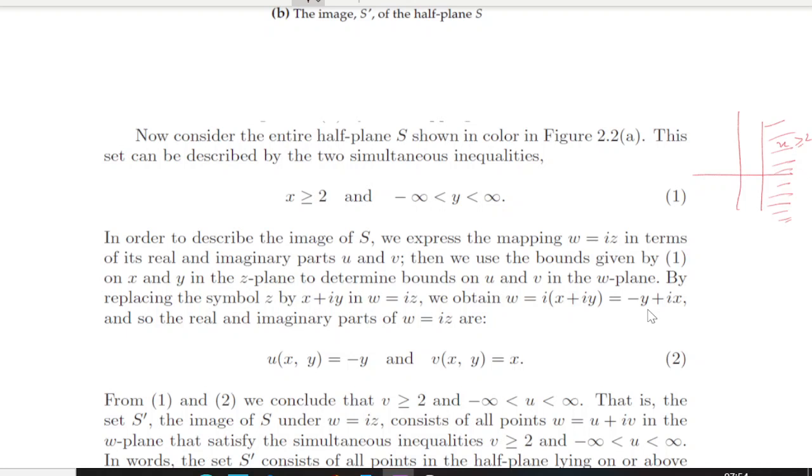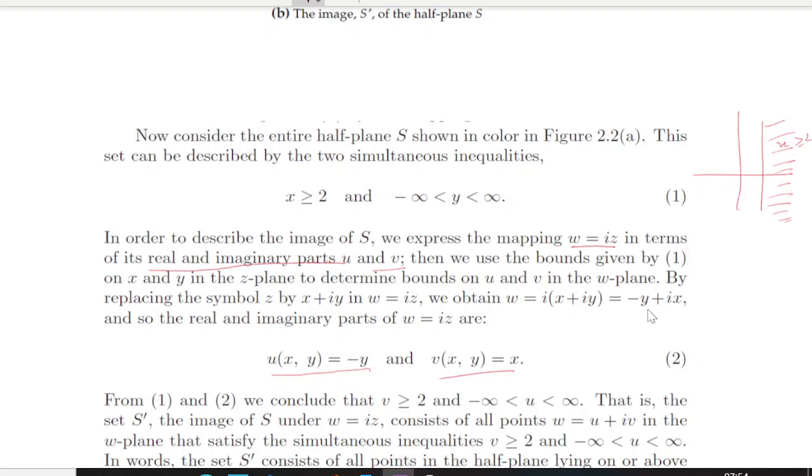Now in order to describe the image of S, we express the mapping w equal to iz in terms of its real and imaginary parts u and v. As we have mentioned, we get u(x,y) equal to minus y and v(x,y) equal to x. Call this equation 2.